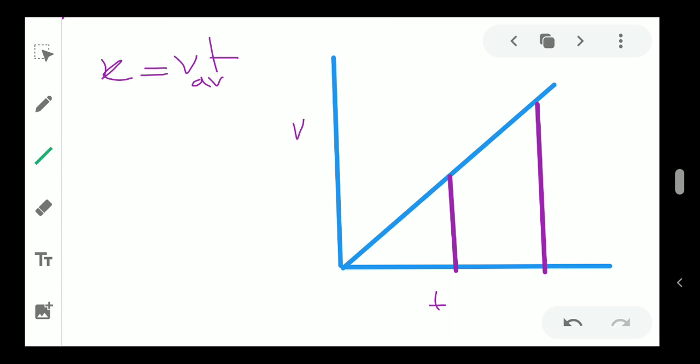Now you can easily see one thing. In that case it is going from u to v.